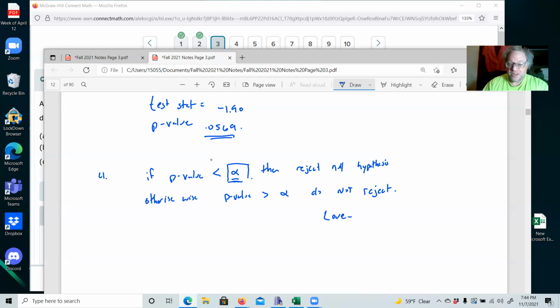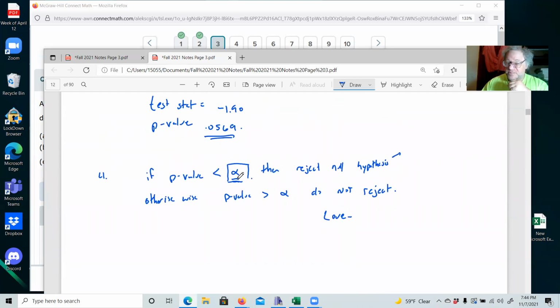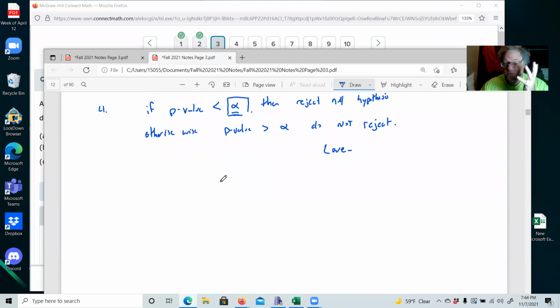Okay. So p-value is less than alpha. We're rejecting the null hypothesis. Like, no, I don't think it's by random chance. We're looking for an alternative. Otherwise, we're going to say, yeah, we can't prove it. It's just bad luck. I guess we don't have enough evidence, and it could have been by random chance. And what are you going to do?